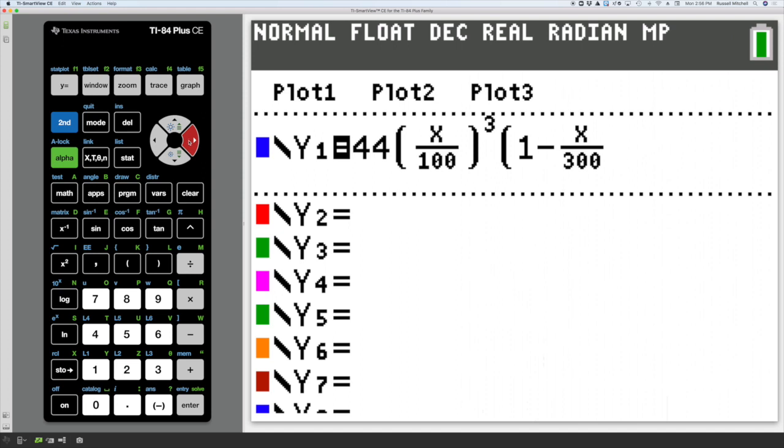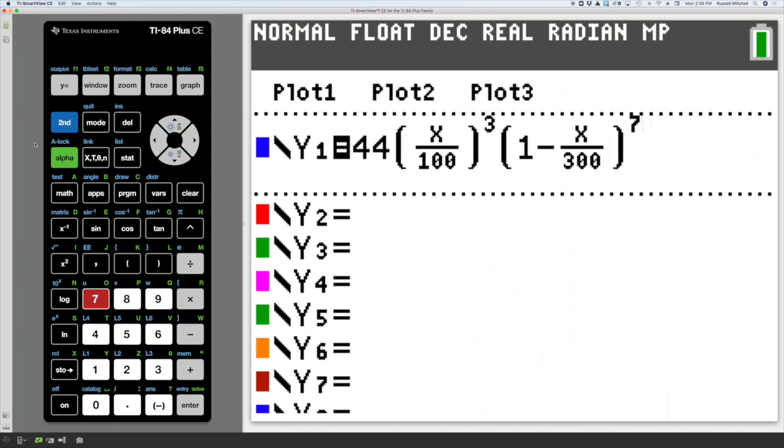Then I go to the right of that, close the parenthesis, and raise that to the 7th. It's always a good idea to go back and double check that you typed this in right, because it'd be awful if you knew what to do and then accidentally typed something in wrong.